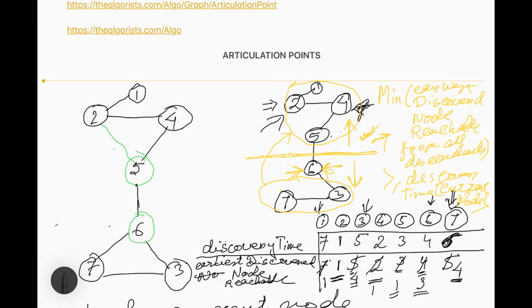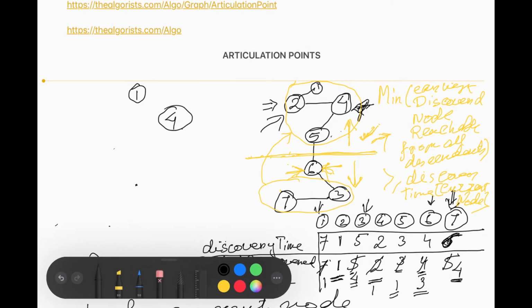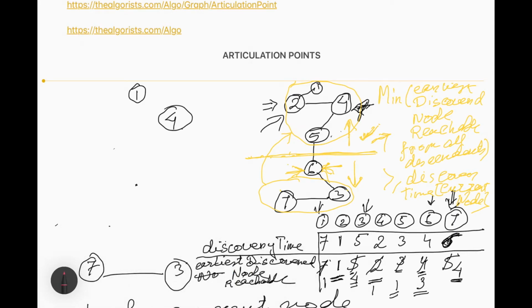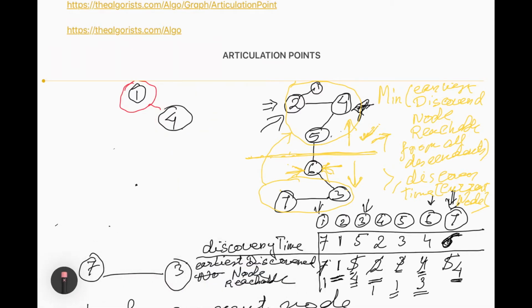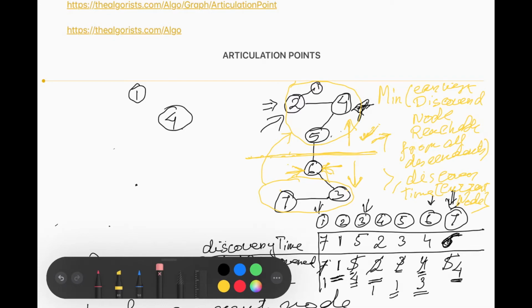So let's remove all the articulation points from the graph first. So we got 3 disconnected components here, and we need to make them connected. So we have one component which has only 1 in it, and this is another disconnected component, and this is another disconnected component. So we need to connect them, and we can do this any way you want.